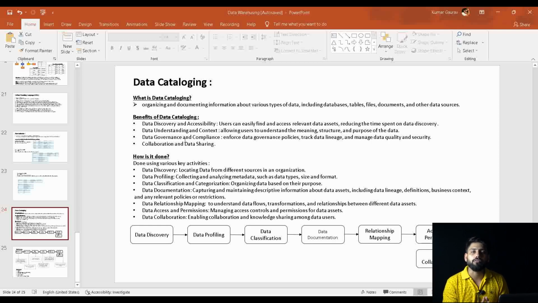Of course, whatever categories you have made in your data cataloging, those roles you can assign to some of the stakeholders, which comes under collaboration and data sharing. That means by reading through these concepts, we came to the conclusion that whenever we have metadata management, whatever information about your data, that management is only called data cataloging.